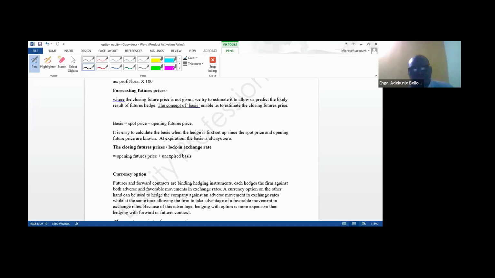Please note, the estimated closing futures price becomes the lock-in exchange rate for that future transaction.